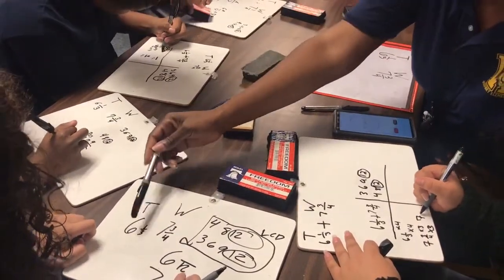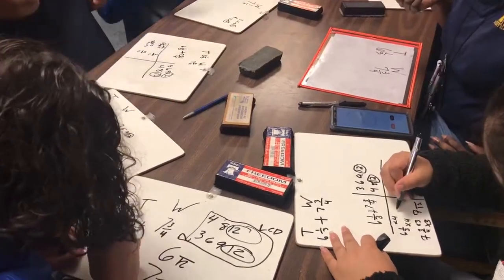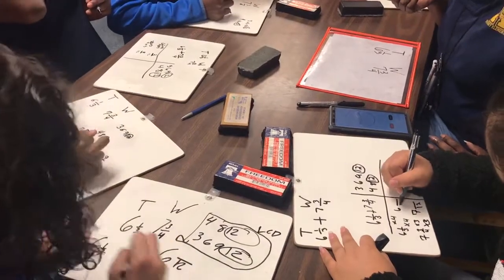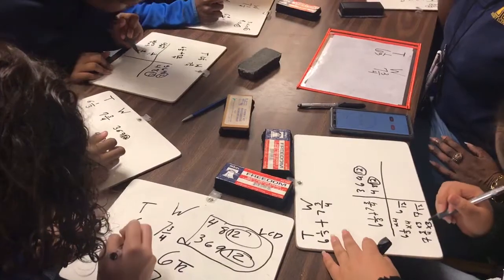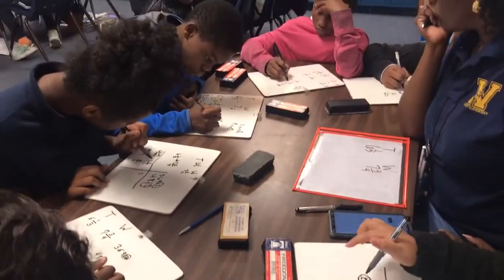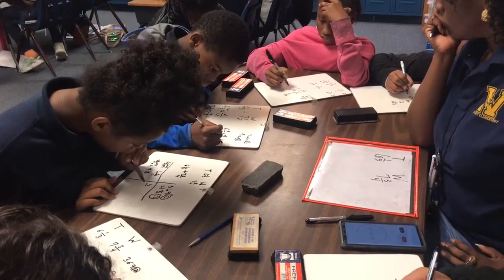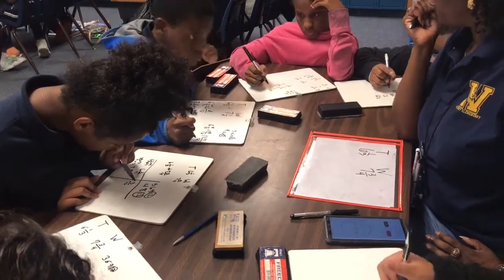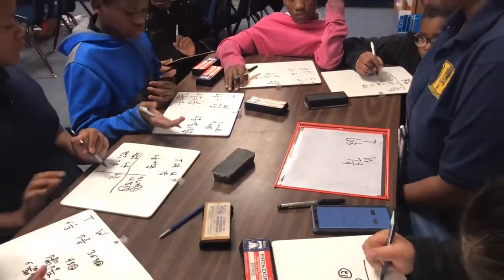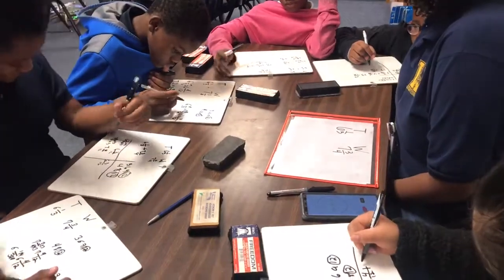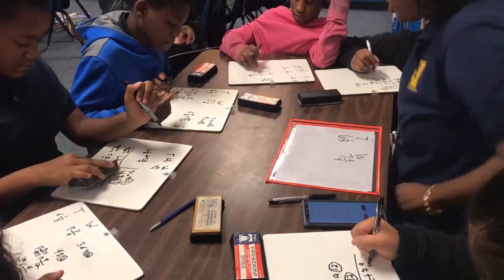So should you maybe write 6 1/3 down so you can show what you're multiplying your numerator and your denominator by? Yes, ma'am. But what are we going to do from this point?